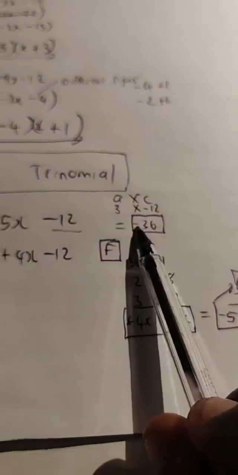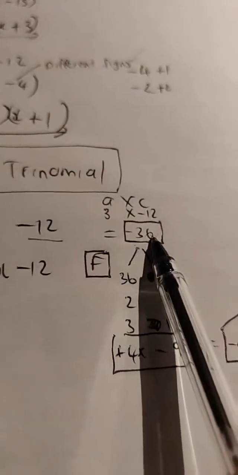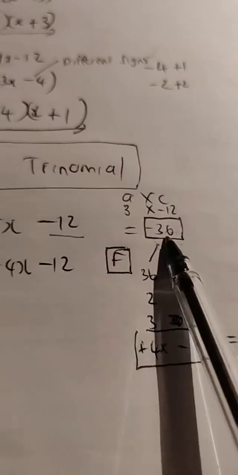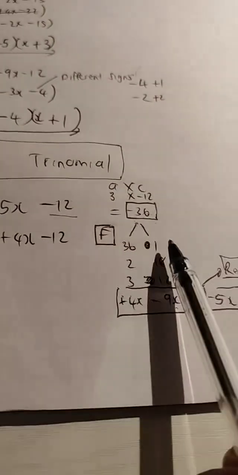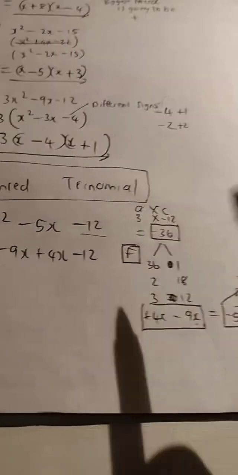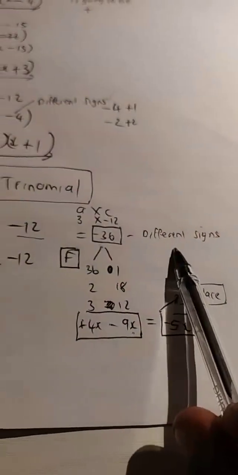Then you want to find the factors of what? Of negative 36. When you multiply them, they need to give you negative 36. When you add them, you need to get negative 5, the middle term. So this negative 36 to me says different signs. But you know what?